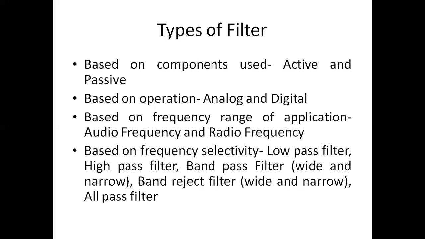It is just the reverse of a band pass filter, and is again divided into wide band reject and narrow band reject. Then the last one, the all pass filter. It selects all the signal frequencies, but the output is a phase shifted version of the input. That is the only difference.